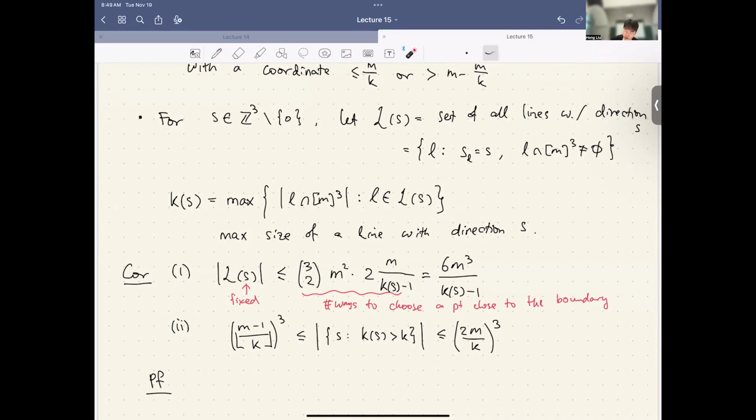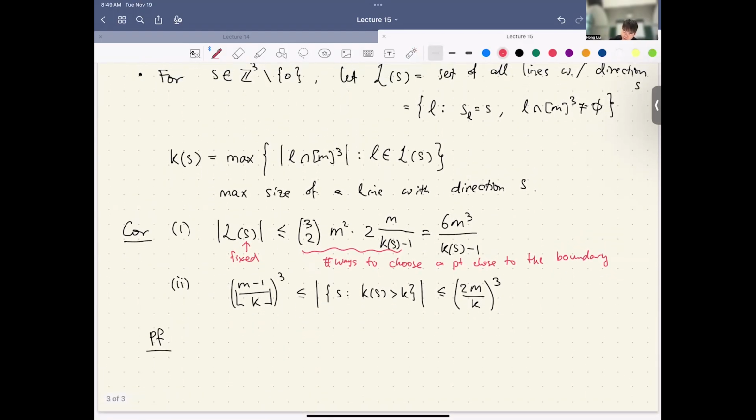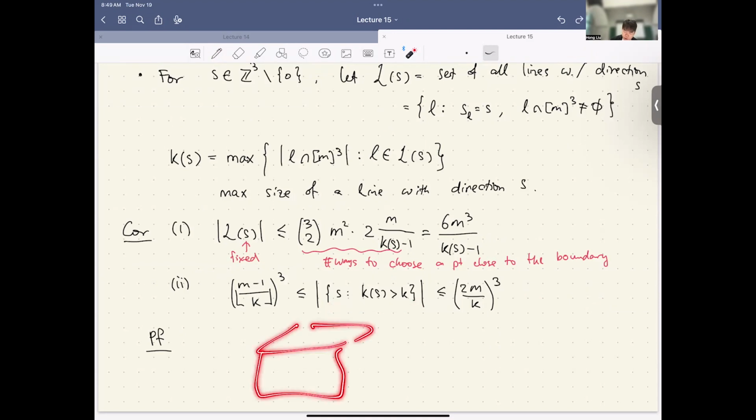For the second one, the lower bound, why is it true? I think I mentioned it last time. How to lower bound the number of directions where the line going through this direction is heavy, at least k? In the cube, you take a subcube of size roughly m over k cube.